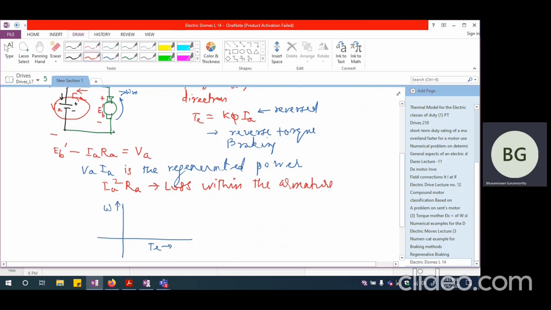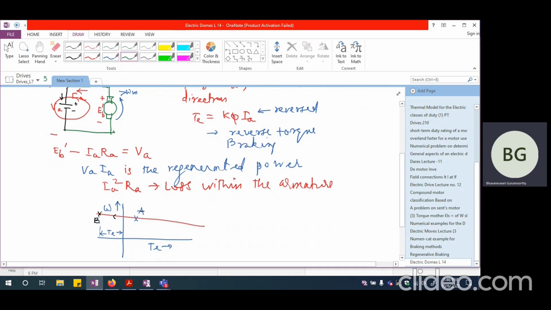If we say that the nominal characteristics are something like this, and if originally the operating point had been somewhere here, and due to increase in speed, slowly the operating point shifted towards this side and maybe reached somewhere here, which is operating point B. Originally it was operating point A and now it is operating point B. In that case, you are going to see that the machine is developing a negative torque. So you can see that the torque is negative, because of which you are going to have reduction in the speed.